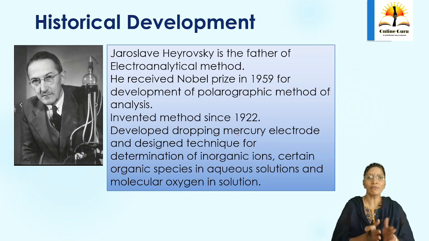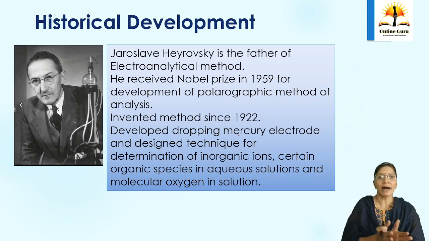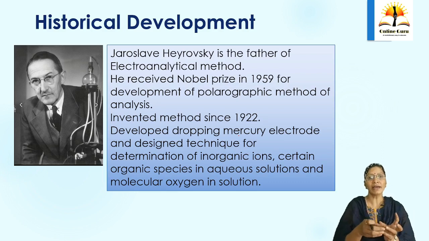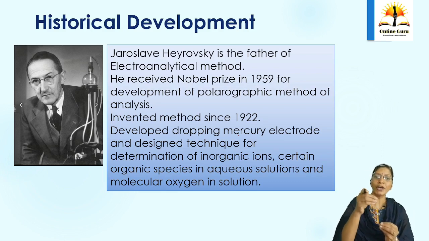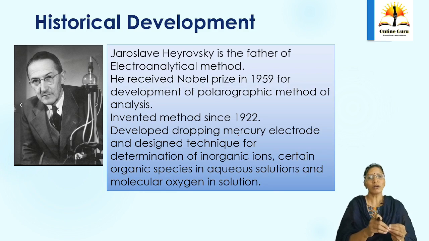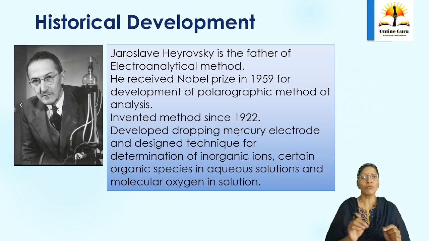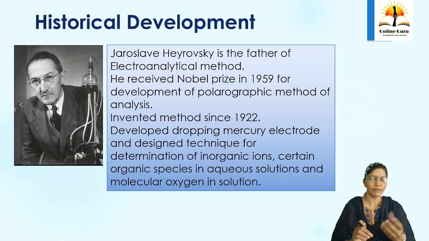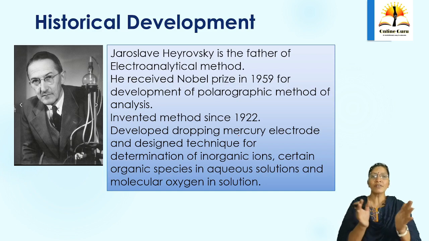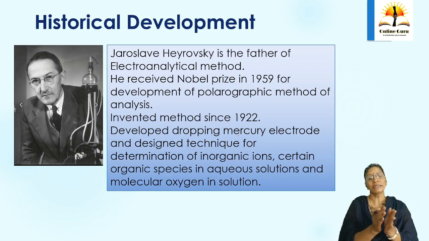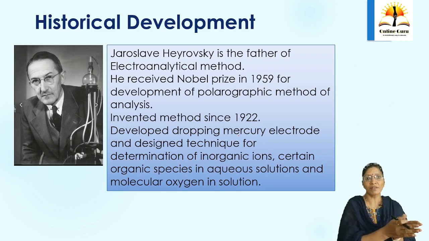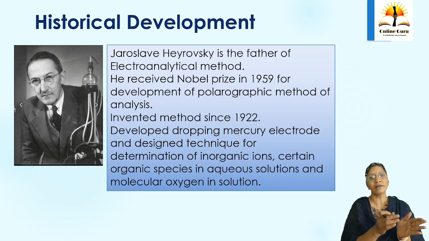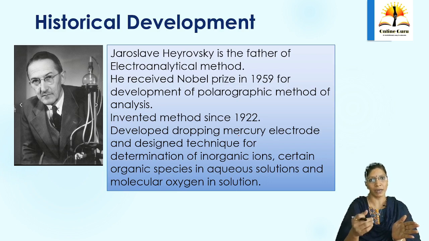So the design of the electrode was done by Heyrovsky, and he designed an electrode of very small size. What is a small size electrode called? It is called a micro electrode system. So what was the need for this micro electrode? When we say larger surface area, that is related to resistance. Resistance is related to area, R is equal to length upon A, right?